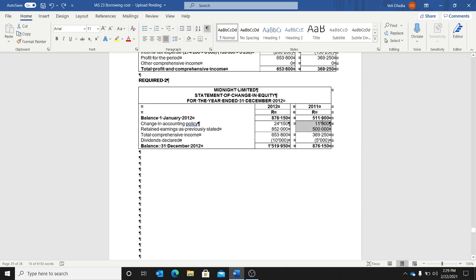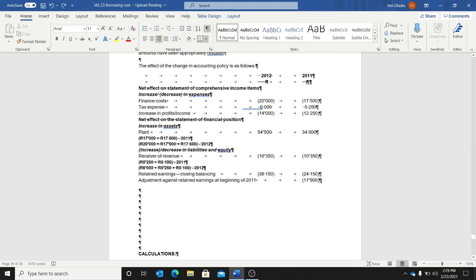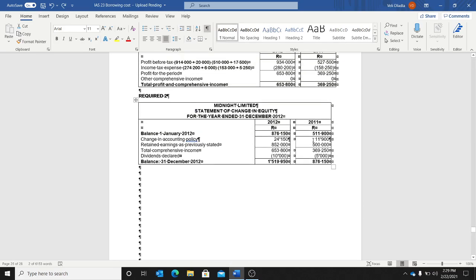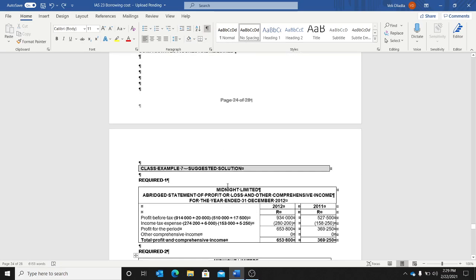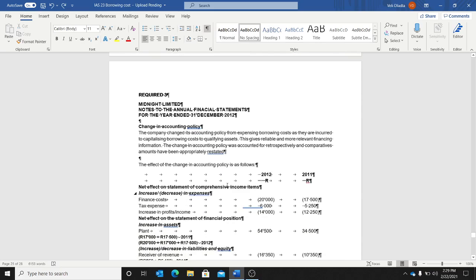Right, in the 2011 here. Now, some of you will say, why is this figure now in a bracket? Because it's defined here as increase in equity in a bracket, and increase is in a bracket, so it's an increase. Like you are saying here, it is increasing here. Right, so this one is a change in policy where you are capitalizing now.